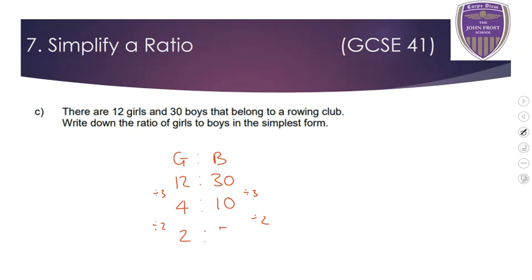How many 2s in 10 is 5. And if you wanted to do that in one step, then we could have divided by 6 straight away. But as I've said, we get the same answer either way anyway, don't we? So you do whatever number you want to.